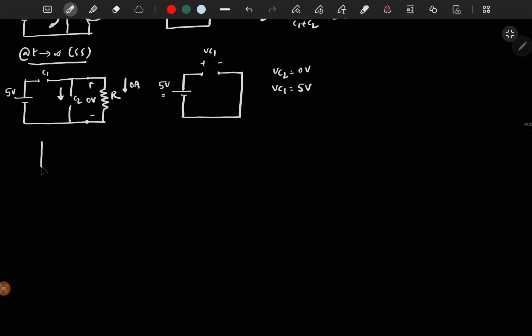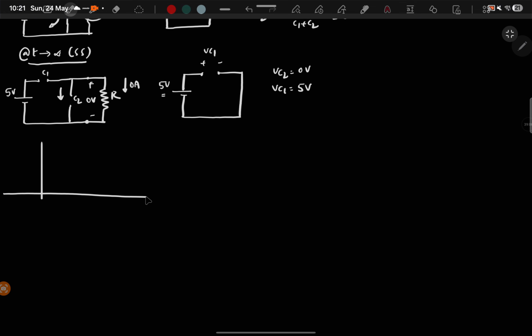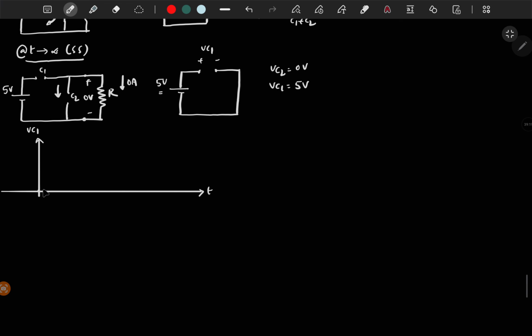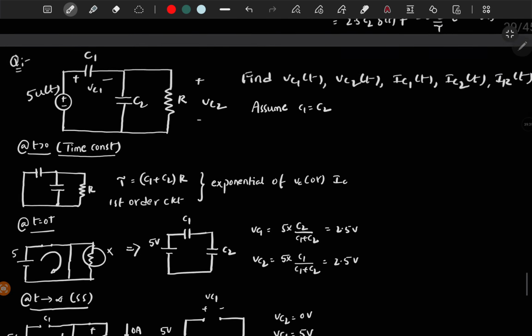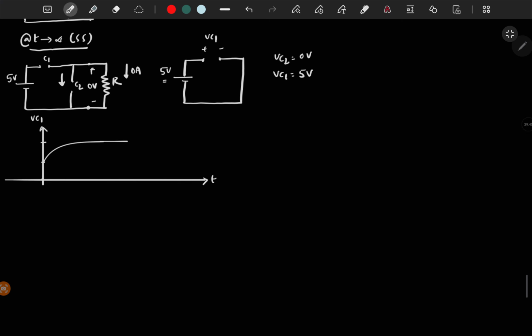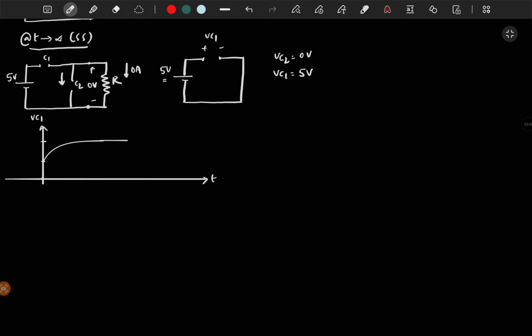So you can directly draw the waveforms. VC1 with respect to t: till t equal to 0 it is 0, at t equal to 0 it is going to 2.5 volt, and then for steady state it is going to 5 volt. This we have seen in the previous problem, but with the opposite capacitor, right? Because there the resistor was across C1, but now there is a resistor across C2. So you will get the same waveforms, but VC1 and VC2 are interchanged.